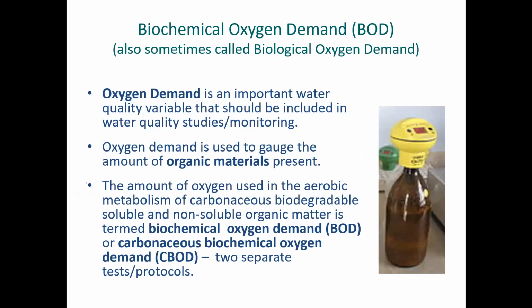Biochemical oxygen demand, sometimes I've also seen called biological oxygen demand, but most people call it biochemical oxygen demand. This is a measure that looks at the amount of organic carbon in a sample.